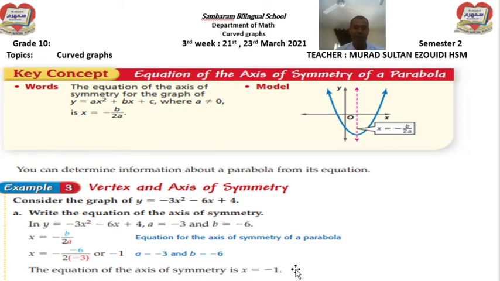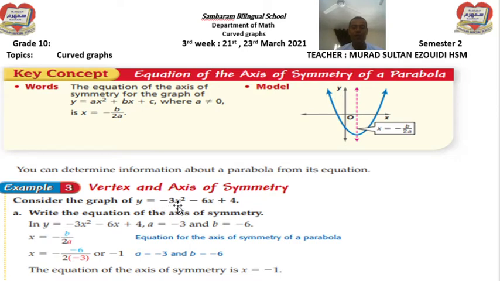Clear? Now we move to find the vertex. To find the vertex, just substitute x equals negative 1 in y. Means y equals negative 3 multiplied by (negative 1) squared, minus 6 multiplied by negative 1, because this is the axis of symmetry, plus 4. Let's calculate.